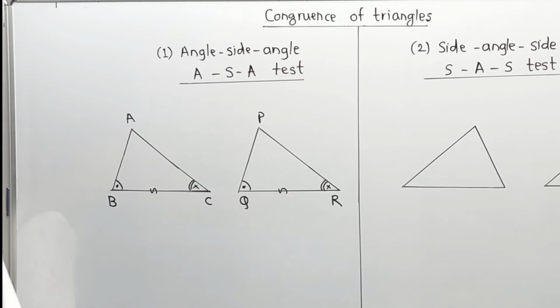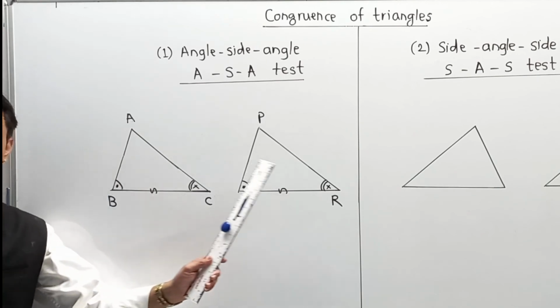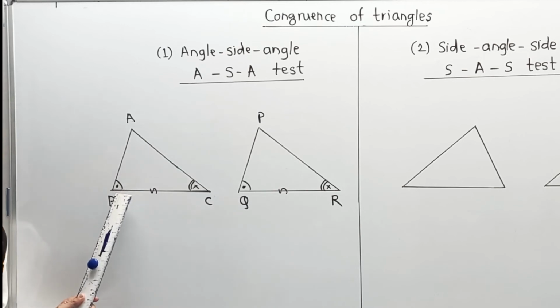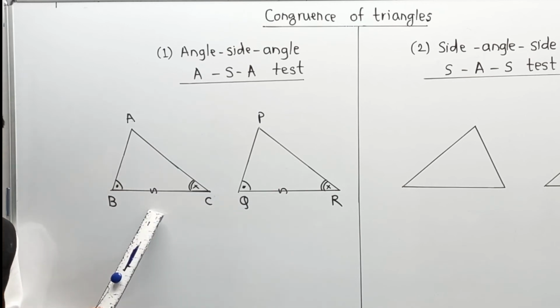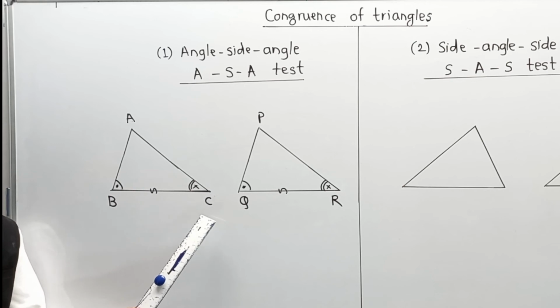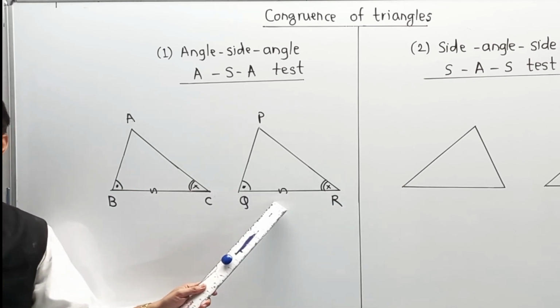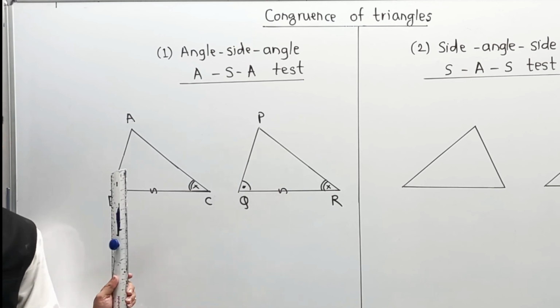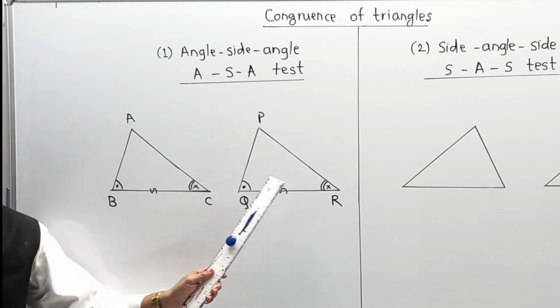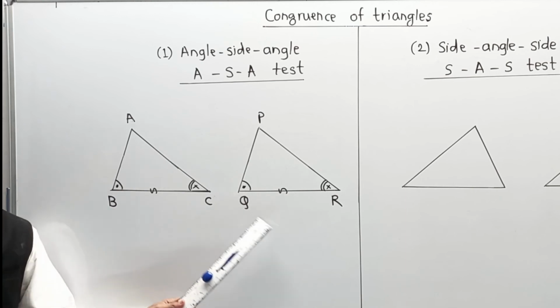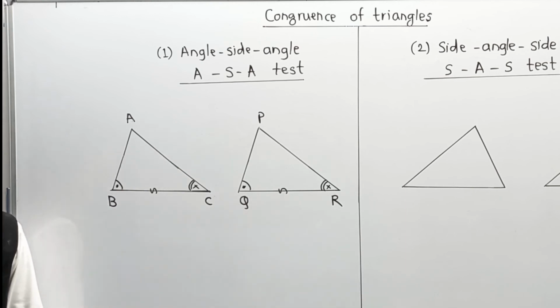Now if in two given triangles, two angles and the common side or middle side between the two angles are exactly congruent with two angles and the common side of the second triangle, then it is said that the first triangle is congruent with the second triangle by the angle side angle test of congruency.